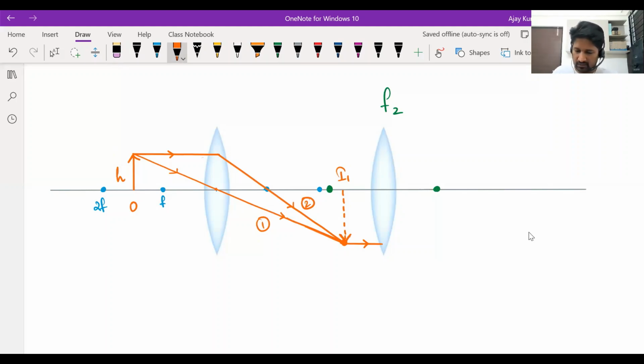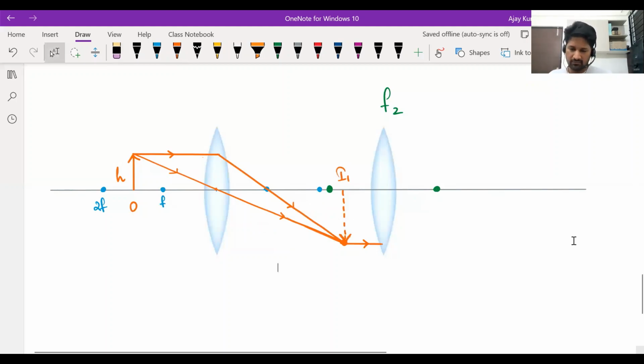For example, there will definitely be one ray passing like this also. To locate the image position, we just draw two rays, but rays will be passing from the other points of the lens as well. There will be infinite rays involved in the formation of an image. So one of those rays will go that way. Nothing wrong in that.